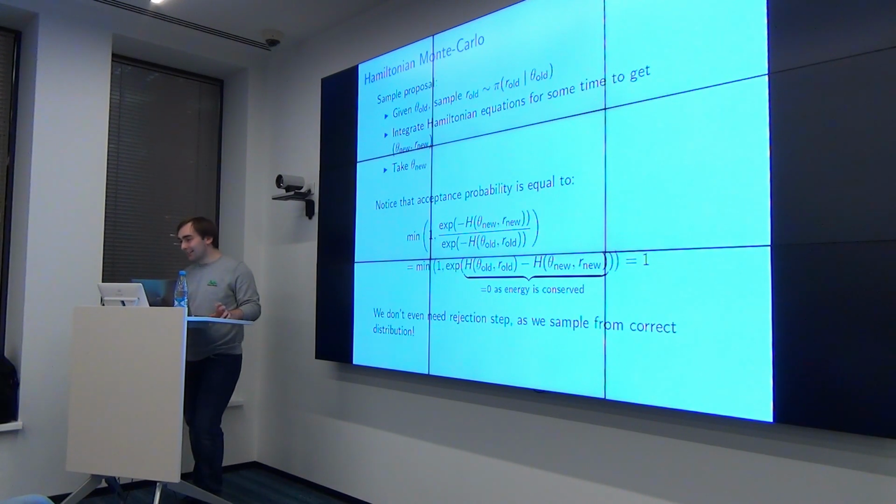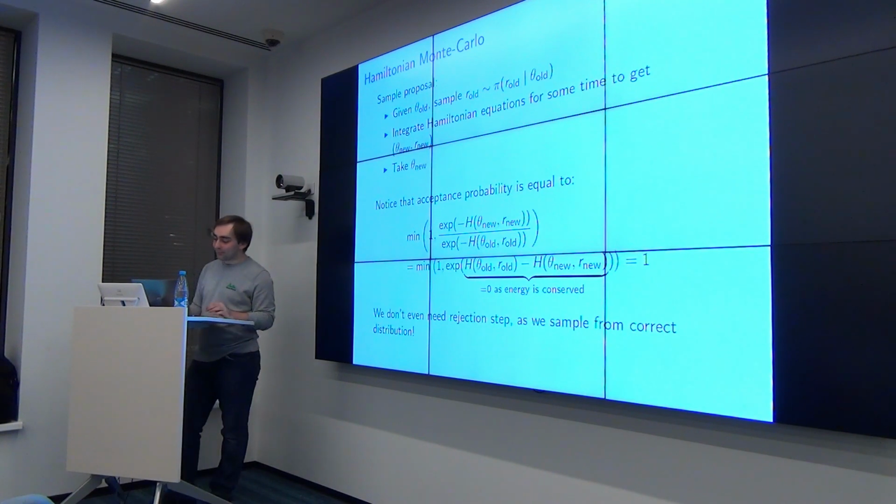Yes. No dependence? Yes, but there can be. Okay, so we integrate Hamiltonian equations for some time, and we get some new theta and r. And then we can just throw off r, and theta nu will be a sample from our original distribution P over theta.